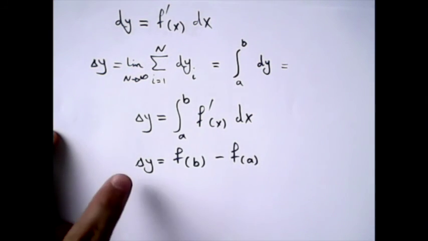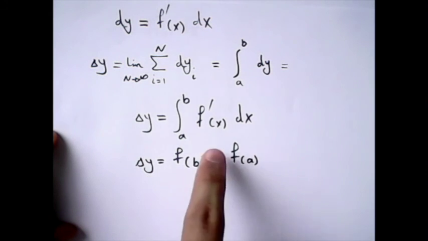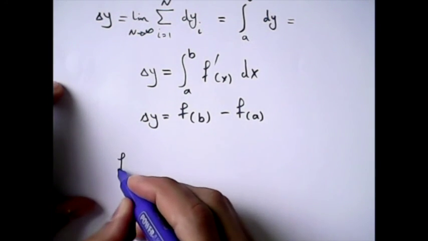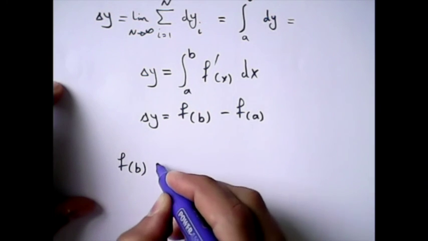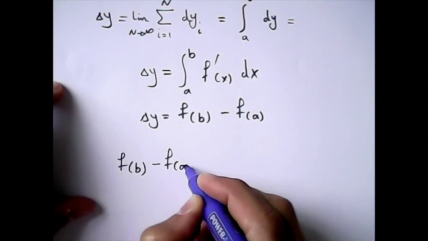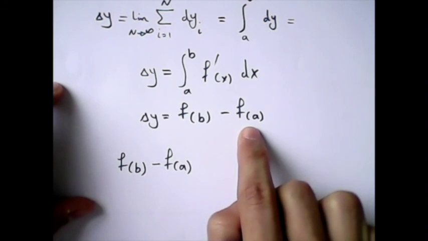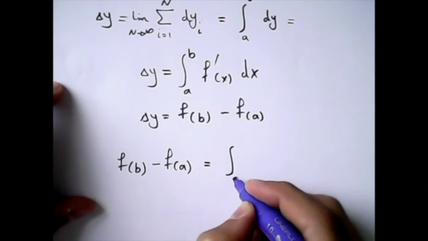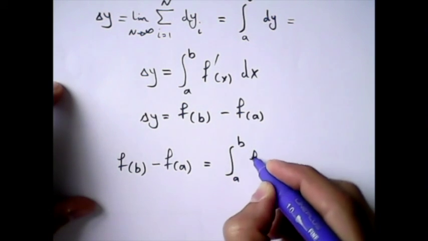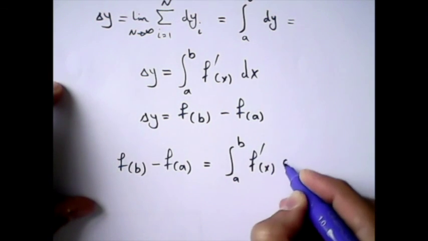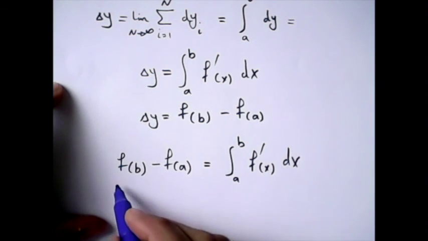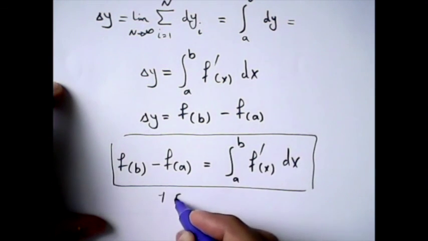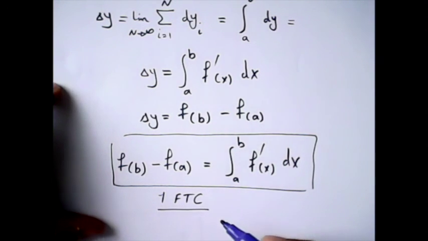So we have delta y on both sides, so f of b minus f of a is equal to the integral from a to b of f prime of x dx. And this is incidentally the first fundamental theorem of calculus.